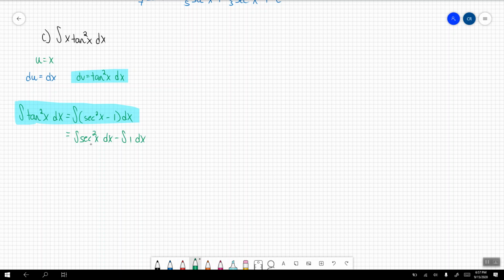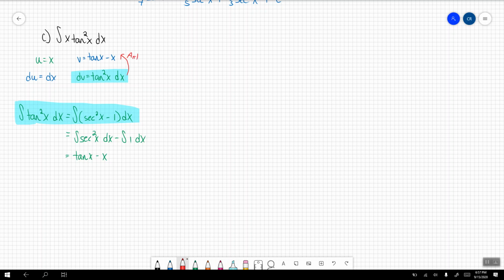The antiderivative for secant squared of x is kind of nice, because it's just tangent of x, since the derivative of tangent is secant squared. Then minus the integral of 1 with respect to x, so that's just x. Which means that my antiderivative, the one that I'm looking for, my v value, is going to be tangent of x minus x.